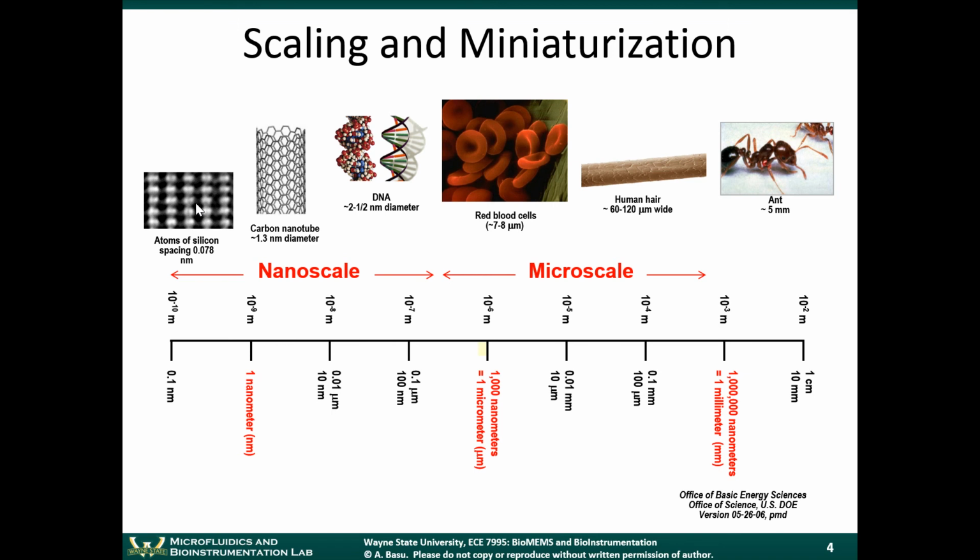So that's perceived as the limit in terms of how small we can go. Although now there are discoveries of subatomic particles and being able to manipulate those, making things much smaller than a single atom is, from the techniques that we know right now, impossible.